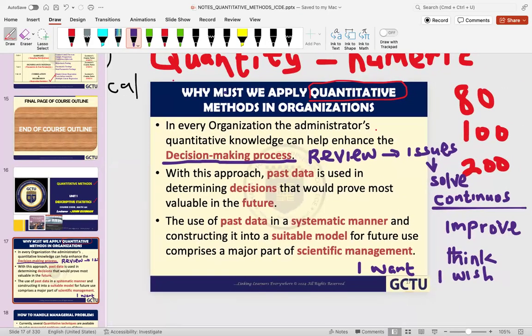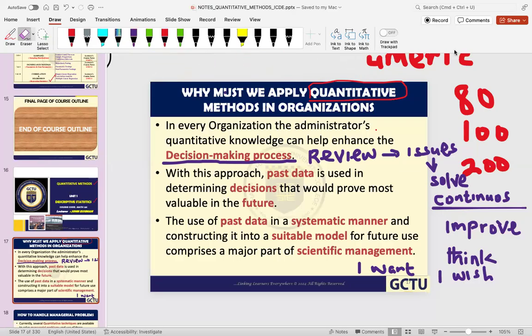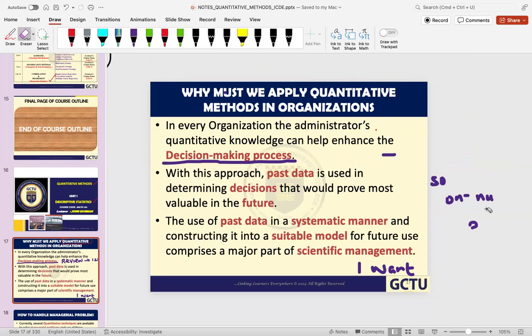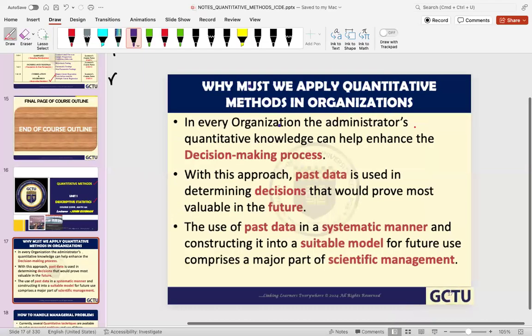If you say, I think I should do something like this, I think I want this, I wish I had this, these things will not improve your business. The only way your business can be improved is to apply quantitative methods. Once you apply the methods, there will be an improvement, or you will have a blueprint that can lead you to improve the business or the financial position of the business.